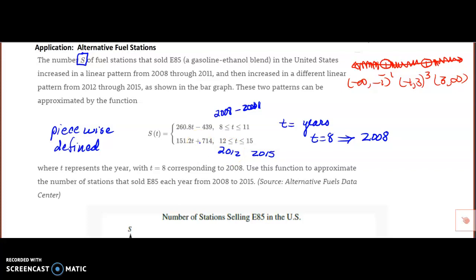Okay, so we got two equations. We know for what years I'm going to use each one. And notice I'm not going to plug in 2008. For the year, I'm going to plug in an 8, a 9, a 10, 11, 12, 13, 14, 15. Those are the numbers I'm going to plug in for t.